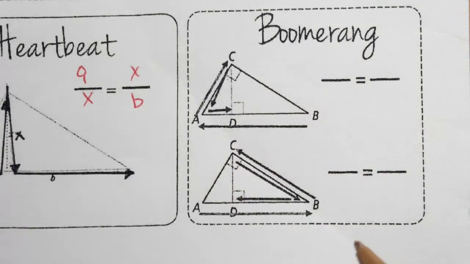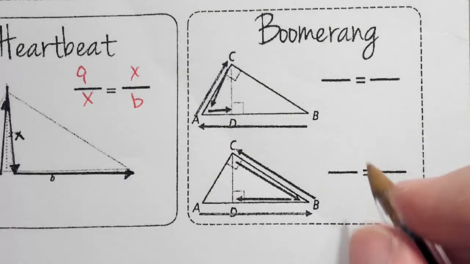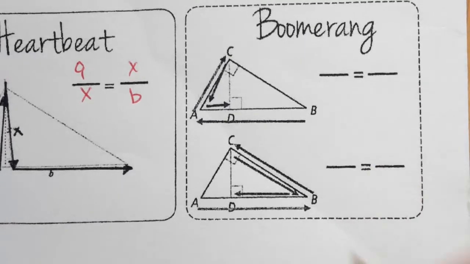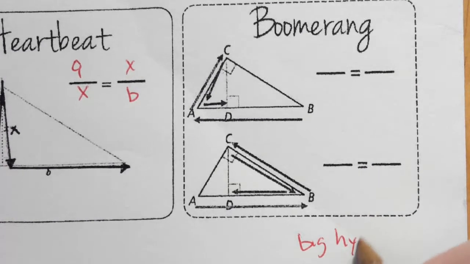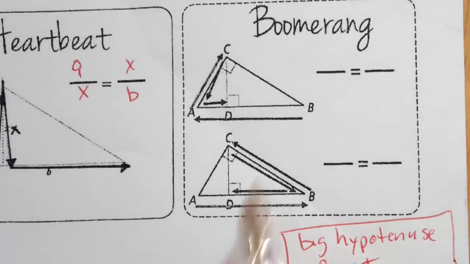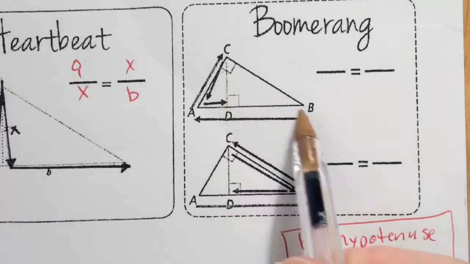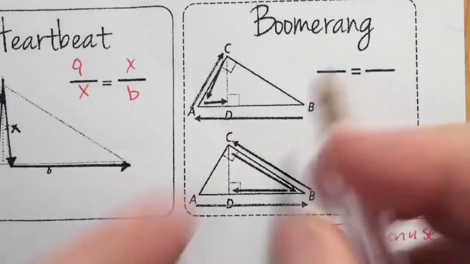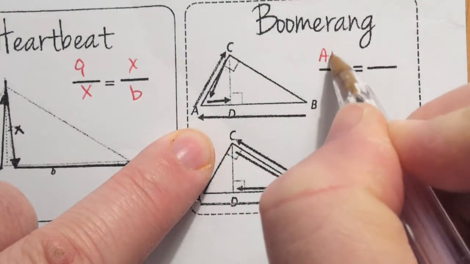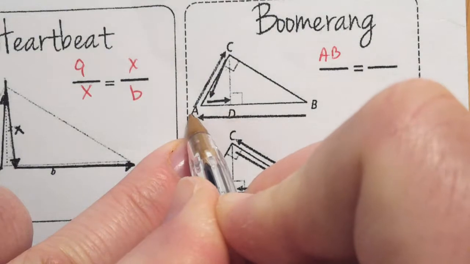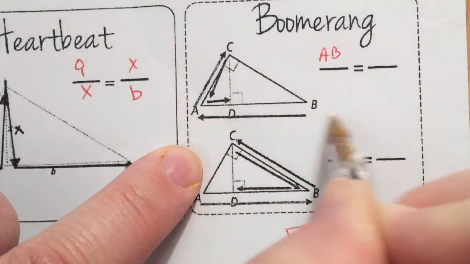What's going to happen is that we're going to always do the big hypotenuse first. It's very important. Big hypotenuse first. So the biggest side. So it's going to be all of A and B over, and then are we going to the right or going to the left?